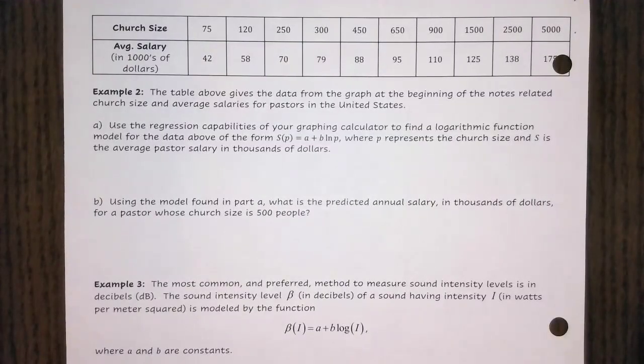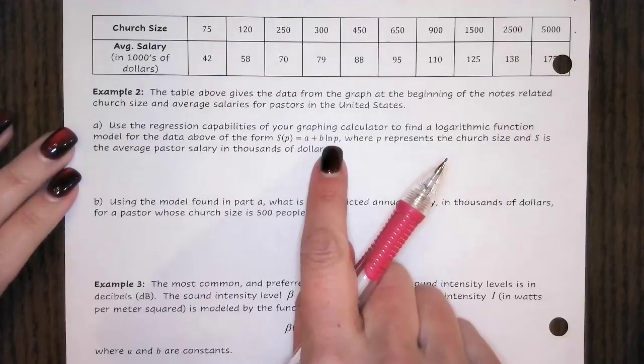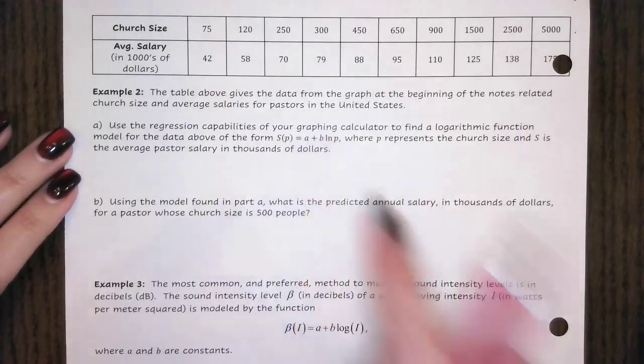All right, so I showed you how to do that algebraically. We wrote the two equations, we did it as a system of equations. But in the past, we have learned that our calculator will also do that when we do regression equations. So they've given us a table above here, and they've asked us to write the equation using our regression capabilities. And so we want to write it again in the log, so we're going to use a regression of a log.